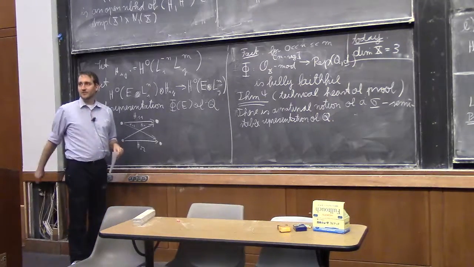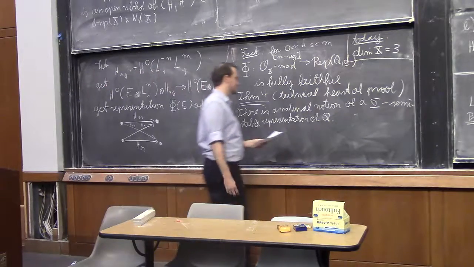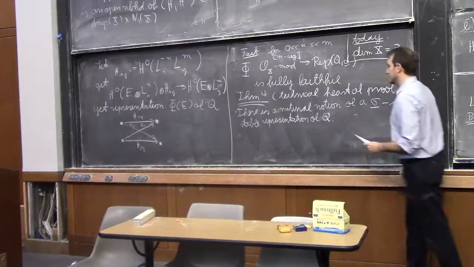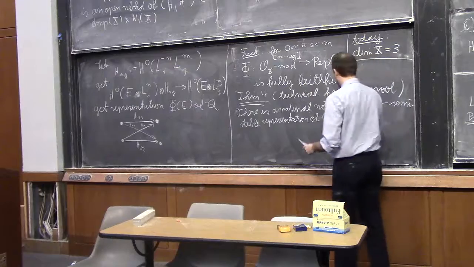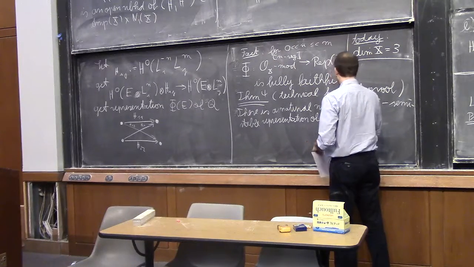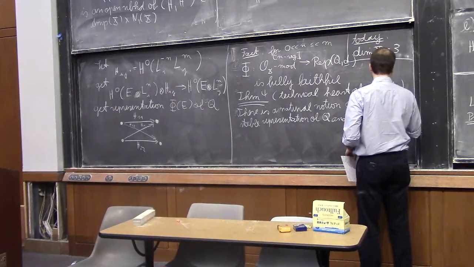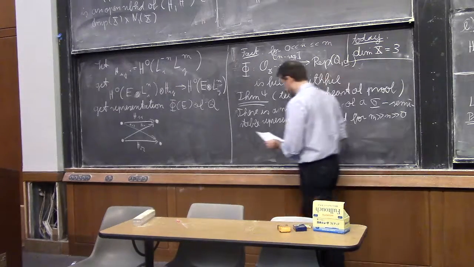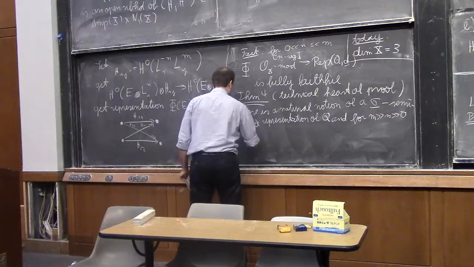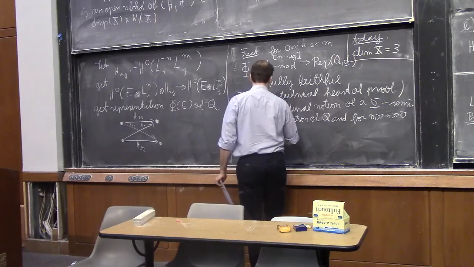The corresponding number has to be big or small. So there's a natural notion of a σ-semistable representation of a quiver, and for n large compared to p and to 0, this Φ is compatible.